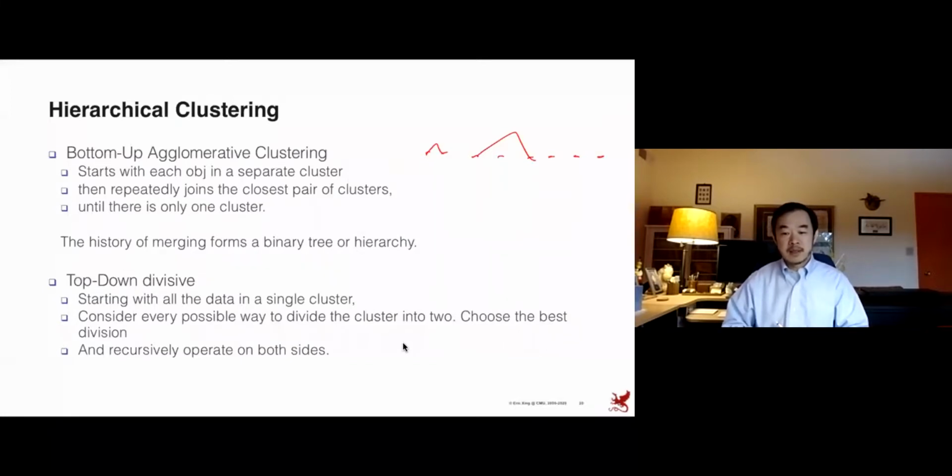That should already sound an alarm bell, because comparing the distance between every pair is already an n-square operation, which is pretty expensive. When you have a data set of, say, 1 million data points, doing 1 million square operations is going to be very prohibitive.